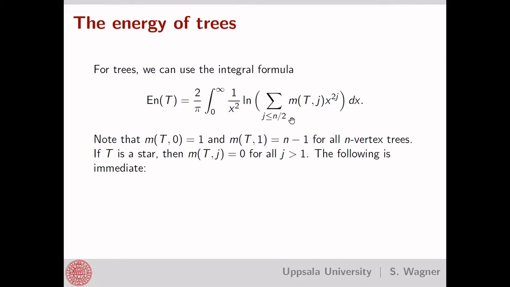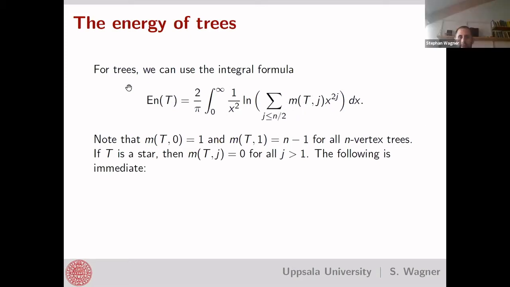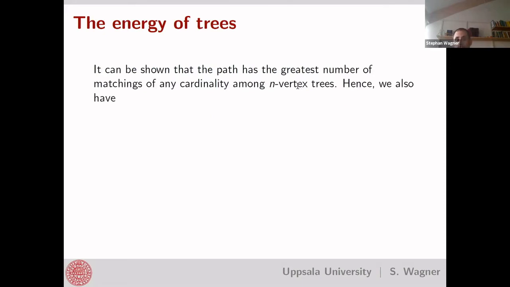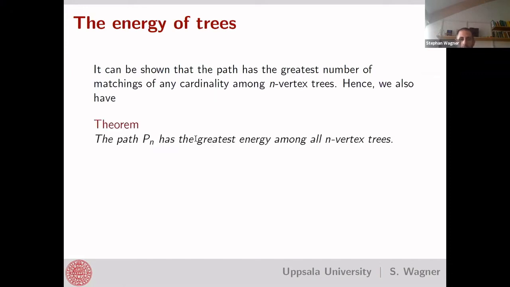So if the coefficients here are smallest, then because everything in here is positive, the energy is also smallest. So as an immediate result, you get that the star has the least energy among all trees, simply because these coefficients, m_j, are smallest possible. On the other hand, we have the path, which is known to have the greatest number of matchings of all cardinalities.